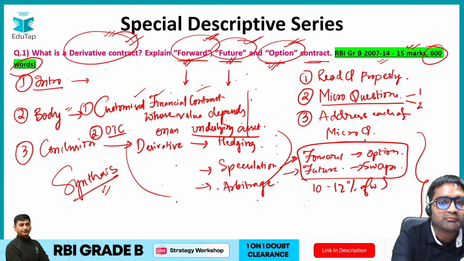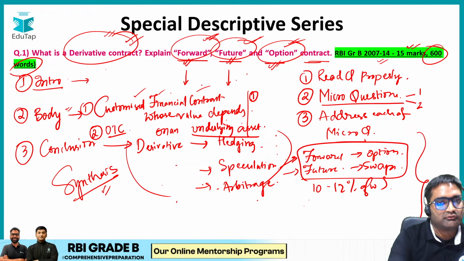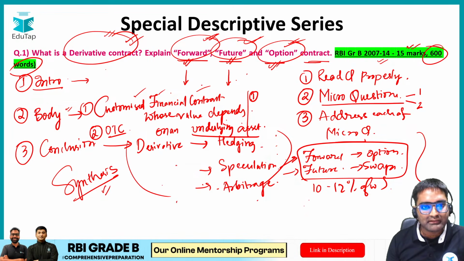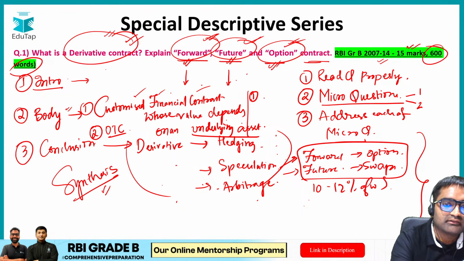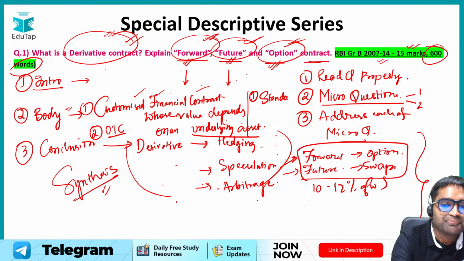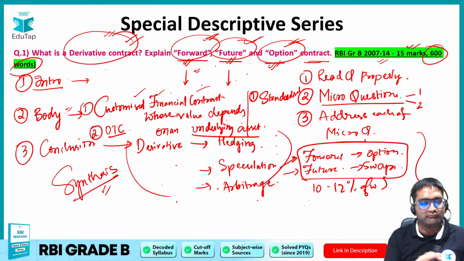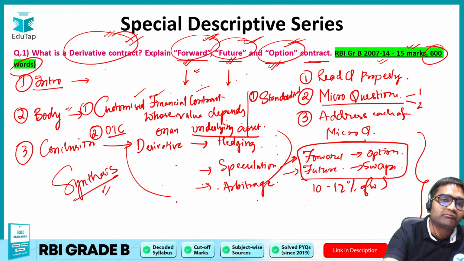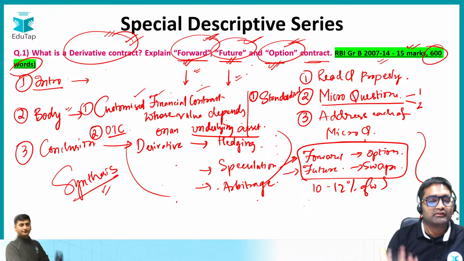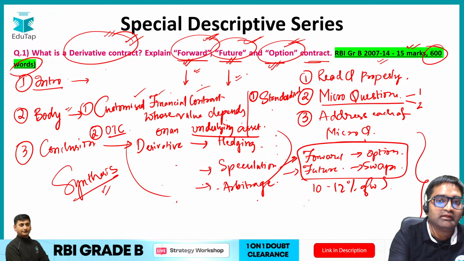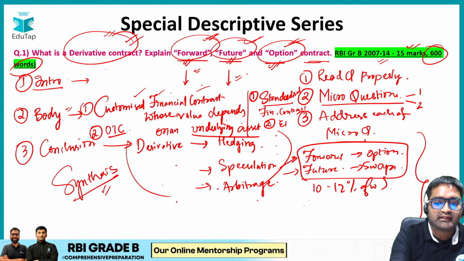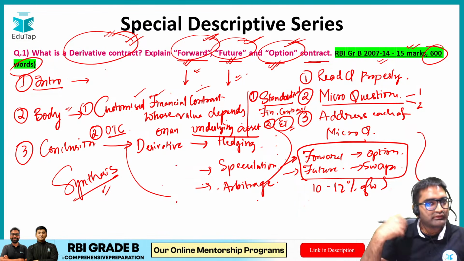Apart from that, if we talk about a futures contract, there should be another keyword over here. What is that? You should definitely mention that a futures contract is standardized, which cannot be changed. In a forward contract you can make variations as per both the parties, but in a futures contract you cannot make any variations or changes. It is a standardized financial contract, and this is exchange traded, which means this happens over the exchange.